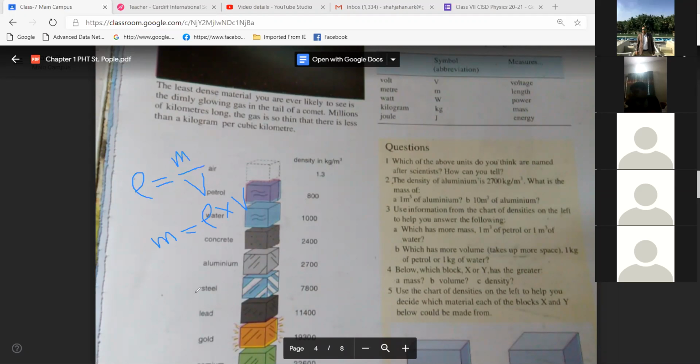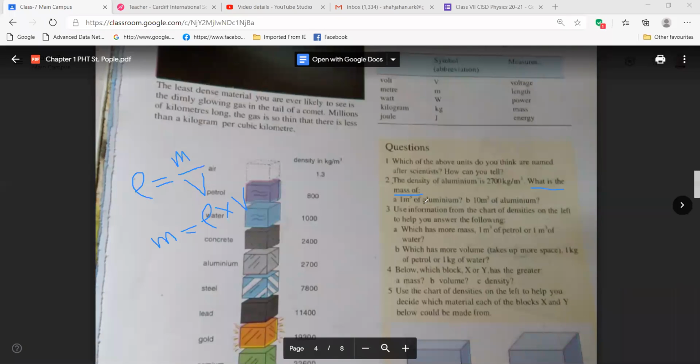So what is the density given? Look, they are asking what is the mass of 1 meter cube of aluminium.